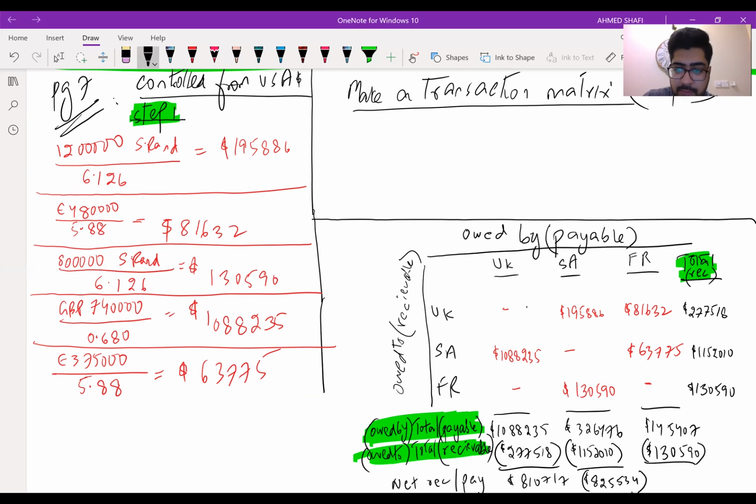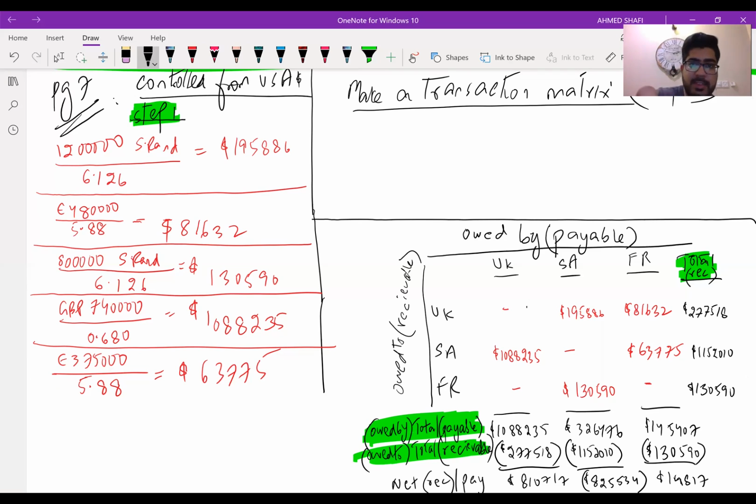Since receivables were more than payables, it's net receivable. That's why it's coming negative. And finally, 145,407 was the payable minus 130,590 was the receivable. So net is 14817. Since payables were more than receivables, it's net payable.